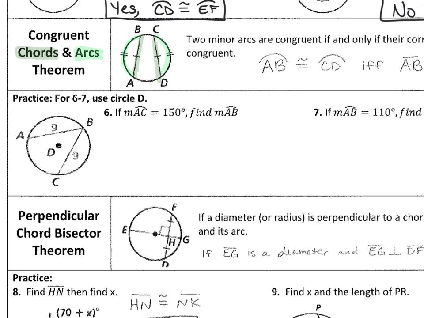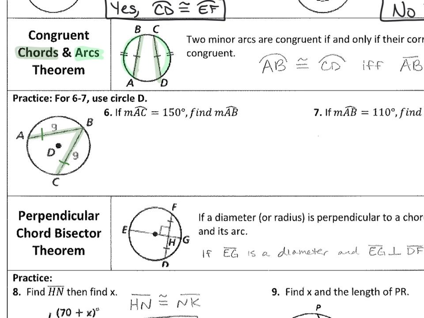In number 6 and 7, we're using the same circle here. Let's go ahead and highlight that circle. We have chord AB, and we have chord BC. What do you notice about those chords? They're the same measure, so we're going to put 1 tick mark on those chords because we know that they're the same measure. They're both 9.